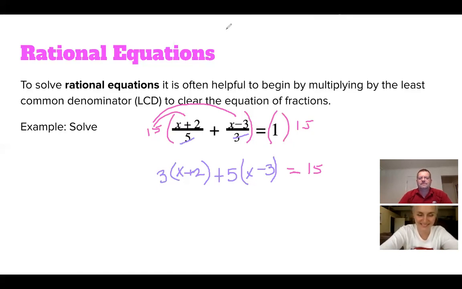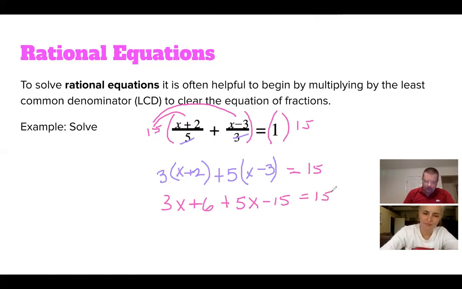Okay. So now we just solve like any old regular linear equation. I get 3x plus 6 plus 5x minus 15, and that equals 15.